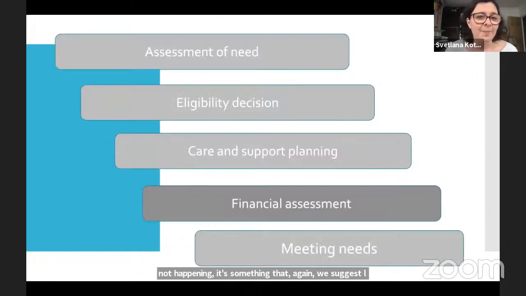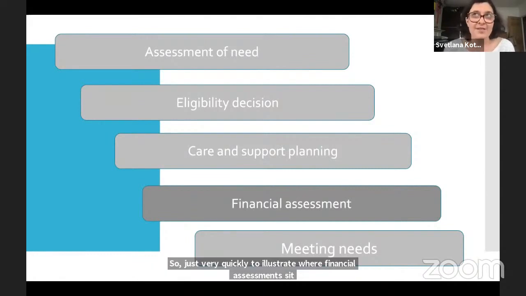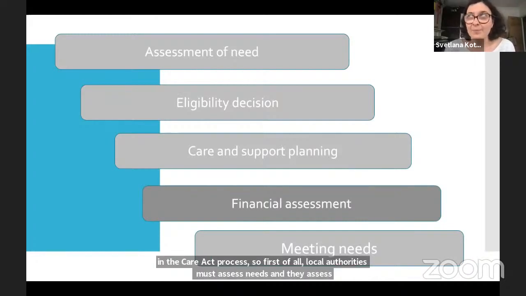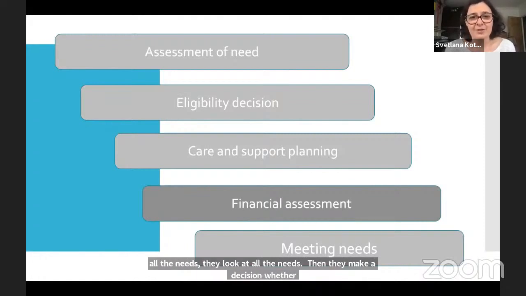So just very quickly to illustrate where financial assessment sits in the Care Act process. First of all, the local authority must assess needs, and they look at all the needs. Then they make a decision whether the person is eligible for support under the eligibility criteria. Then they are supposed to design, together with the person, their care and support plan.